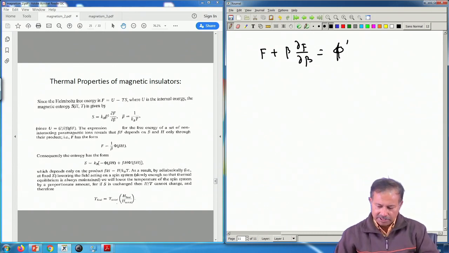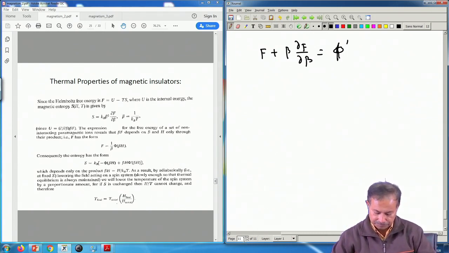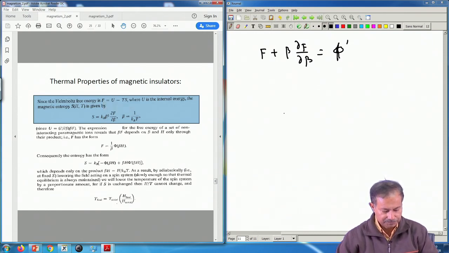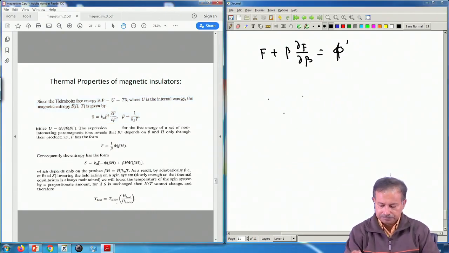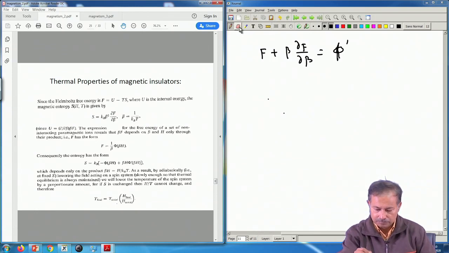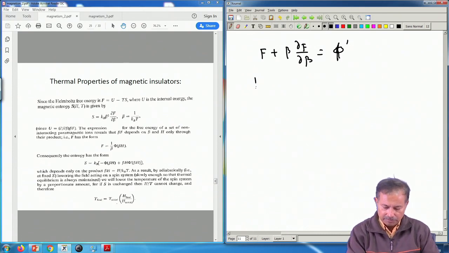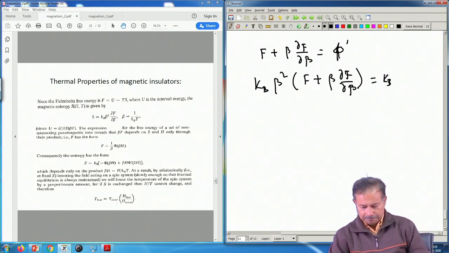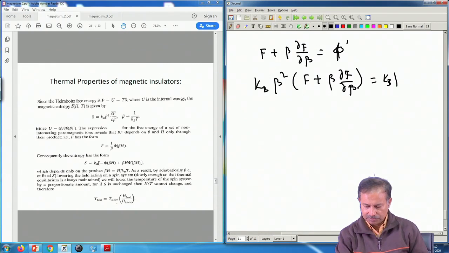I have to multiply it by k b into beta square, remember. So, on the left hand side, I have to multiply it by k b into beta square to get my entropy. So, k b beta square into f plus beta del f del beta equals k b beta square phi prime.